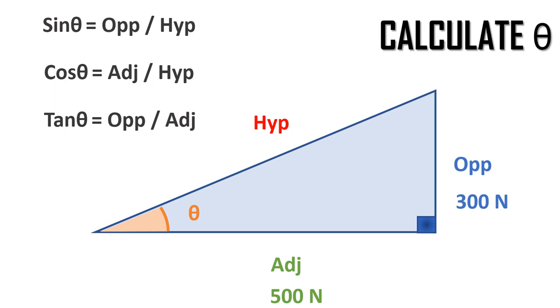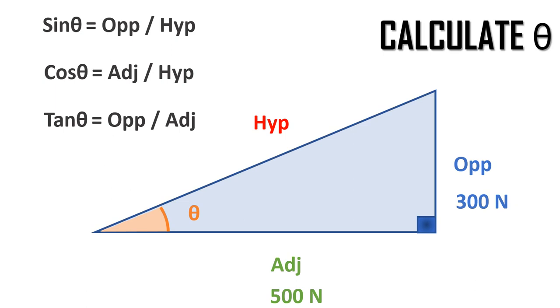Now we need to calculate theta, and we can use any of these three equations in order to do so, potentially, as long as we have the necessary information in terms of the length of the sides of the triangle in order to do that.